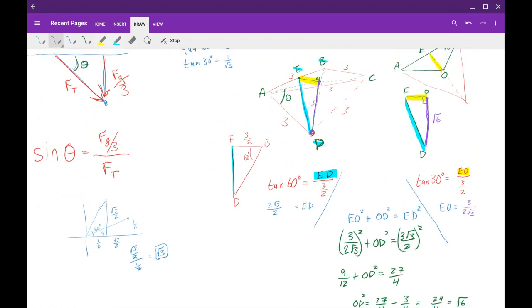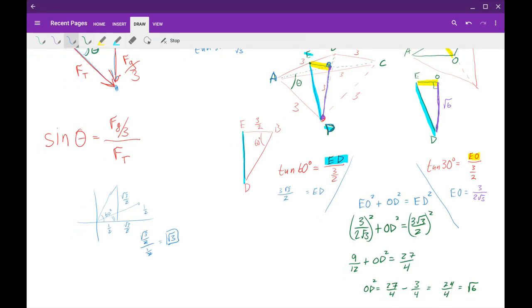Okay, so now that we know that that is the square root of 6, I'm going to pull out one last triangle here. And that is, wait for it, A, O, D, right? So let me do that.